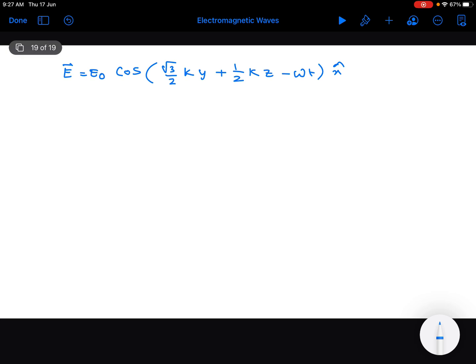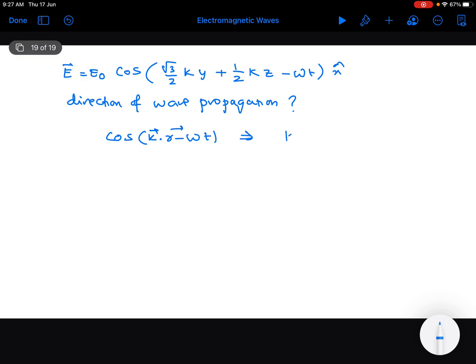Now we need to find the direction of wave propagation. We compare this with our cos of k dot r minus omega t. So this implies k bar is equal to root 3 by 2 k j cap plus 1 by 2 k k cap. So this is the direction of wave propagation.